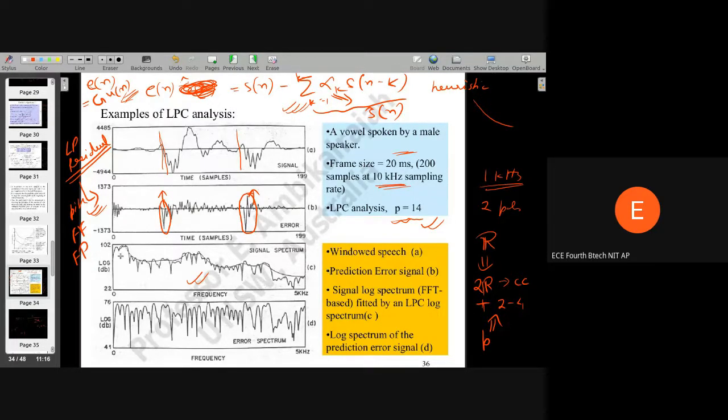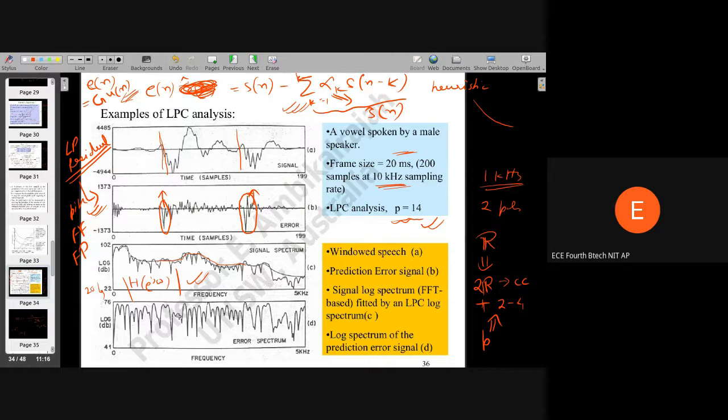So this zigzag is the log magnitude spectrum of the speech signal, and this line you can see here is from 20 log magnitude of H(e^jω). That is what we are plotting.